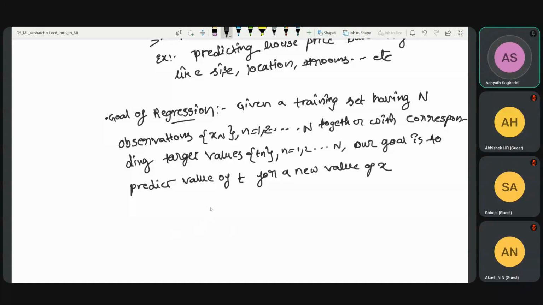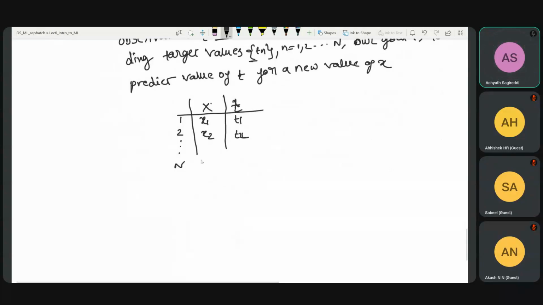Let's say we are talking about two variables, one is x and another one is t. Here we have some n examples: 1, 2, up to n. We have x1 corresponding t1, x2, t2, up to so on, xn and tn, right?